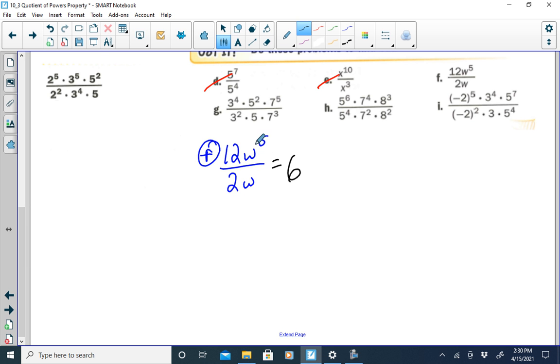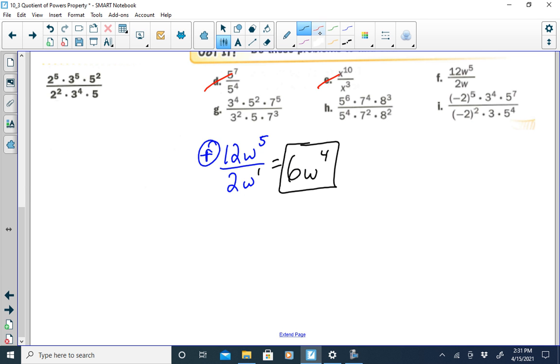And now we take care of the variables. W to the 5th power divided by W to the 1st power, right? That's really W to the 1st power. Subtract those exponents. It's going to be W to the 4th power. So the result would be 6 times W to the 4th power for letter F.